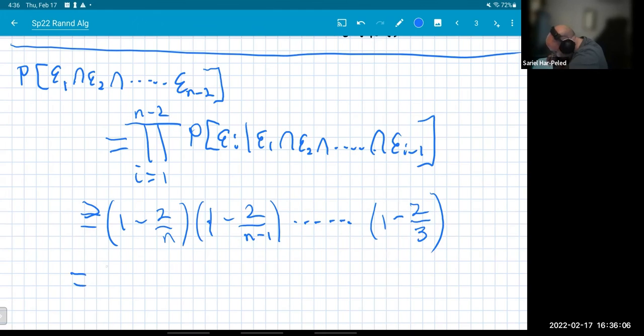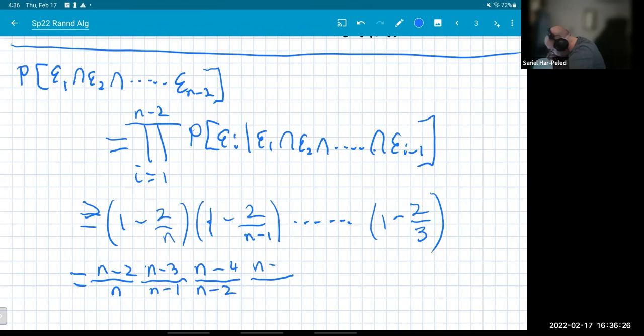This can be written as follows: n minus 2 over n, times n minus 3 over n minus 1, times n minus 4 over n minus 2, times n minus 5 over n minus 3, and so it goes, all the way to 3 over 4 and 2 over 3.